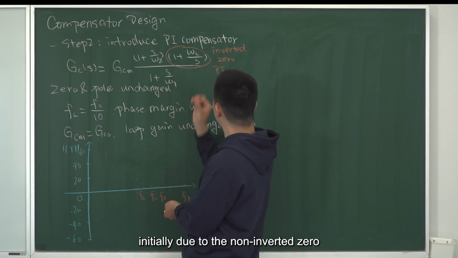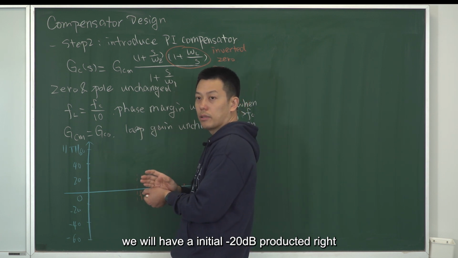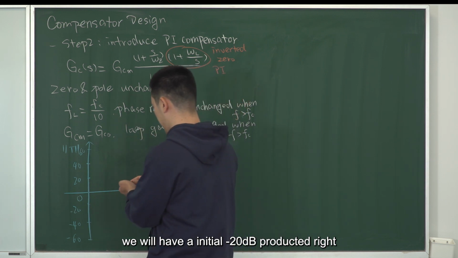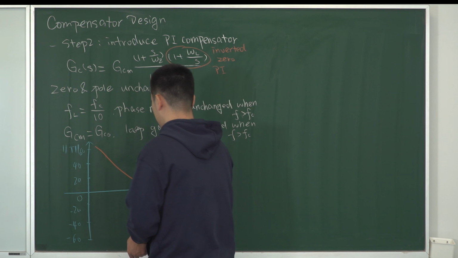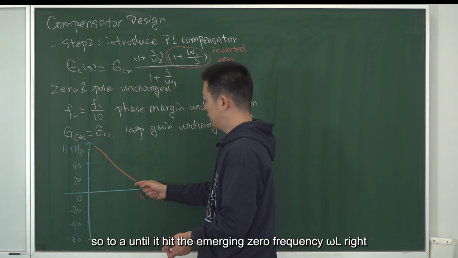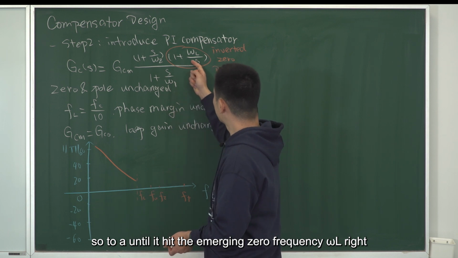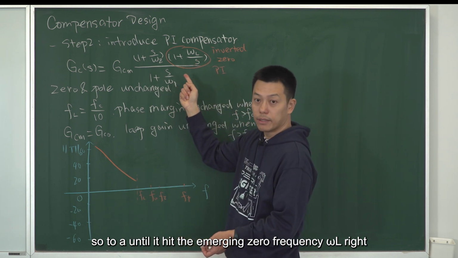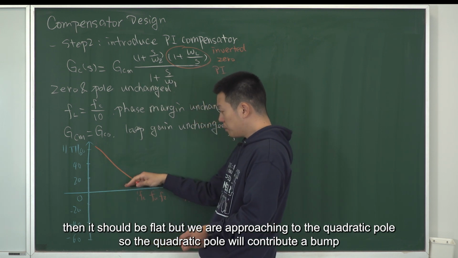Initially, due to the inverted zero, we will have an initial minus 20 dB per decade, right? So it will be dropping from a high level until it hits the inverted zero frequency omega L. Then it should be flat, right?